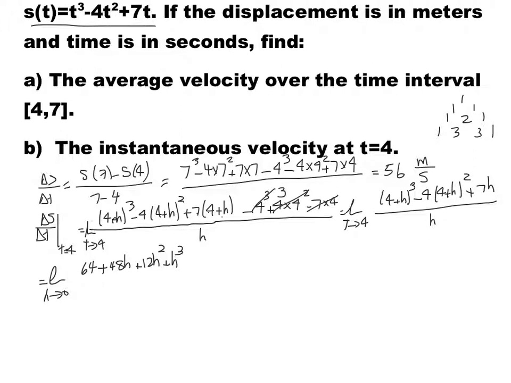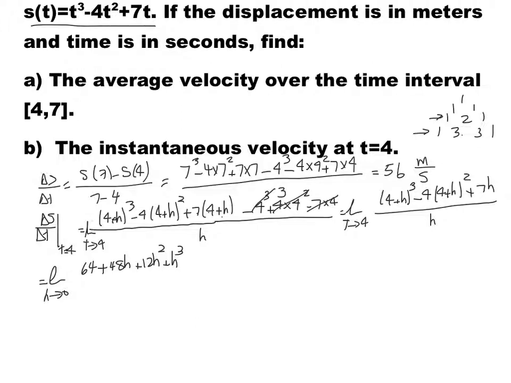Remember the first row is row 0, then 1, then 2, and then 3. We need row 3 because this is cubed, and these are the coefficients of each term, 1, 3, 3, 1. If we use Pascal's triangle and multiply the coefficients, we get 64 plus 48h plus 12h squared plus h cubed.